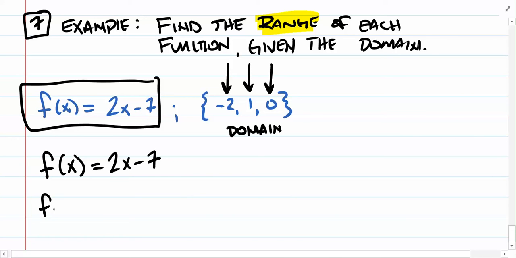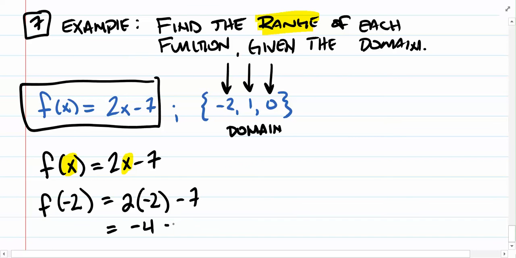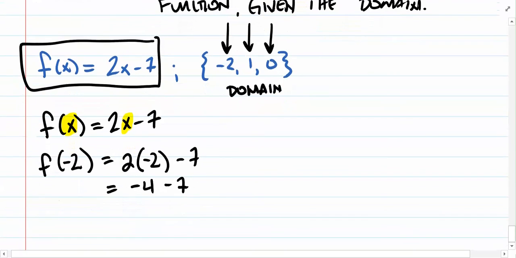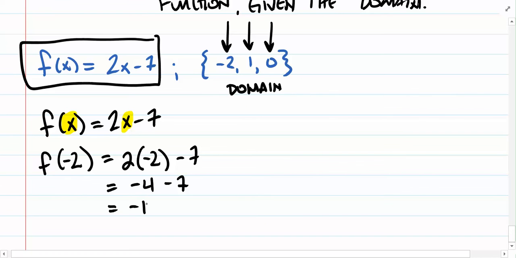So I would figure out f of -2 means to take 2 times -2, replacing x with -2, minus 7. So the essential idea is whatever this is, those two things have to match. So keep going here. I would get -4 minus 7, which would then give me a value of -11.